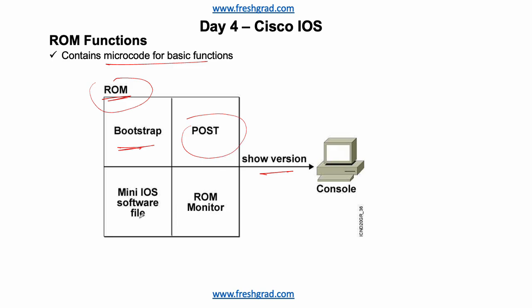And it backs up the IOS images in case of emergency, and ROM monitor as well. And it's non-volatile, so you cannot erase it, right? You cannot modify it unless you replace the chip. And it's only read-only memory.